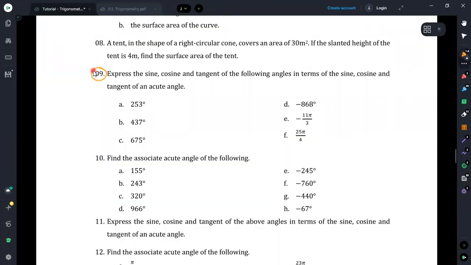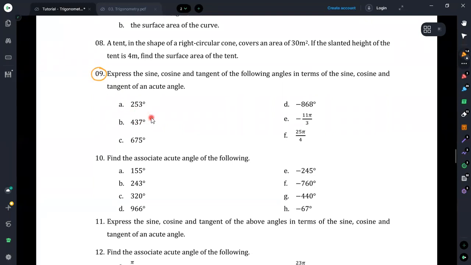Here the ninth question is given as: express the sine, cosine and tangent of the following angles in terms of sine, cosine and tangent of the acute angles. Some obtuse angles are given to us, measured in the clockwise and anti-clockwise directions, having positive and negative signs. Then we are asked to find the equivalent acute angle for the angles given.